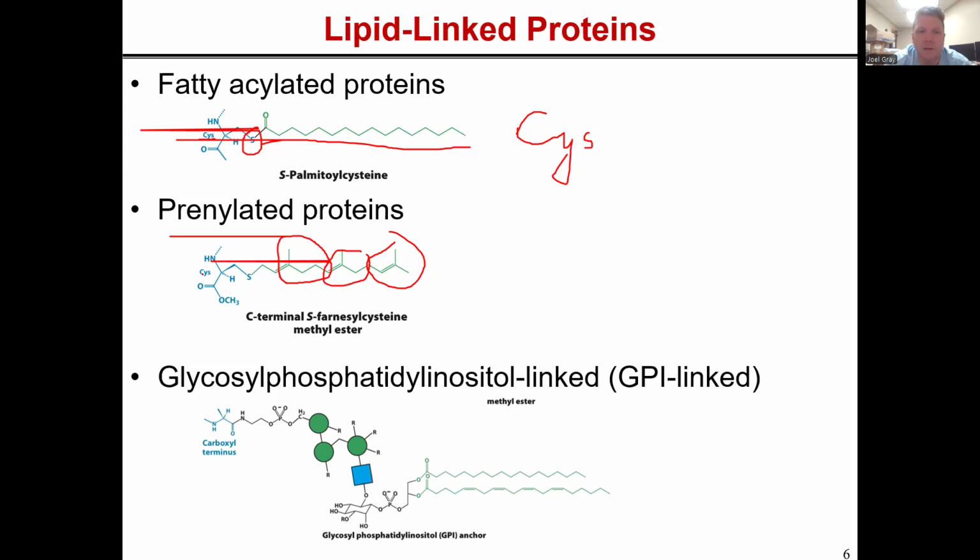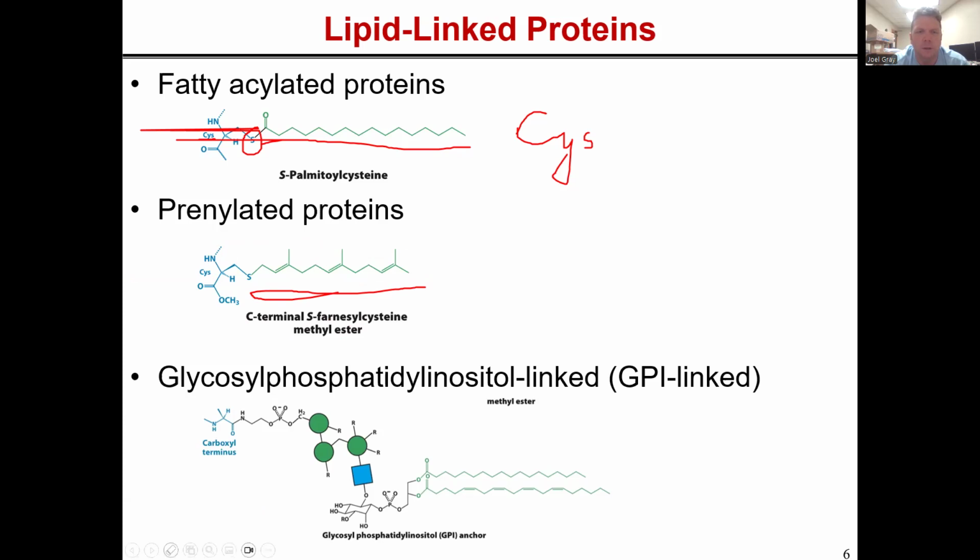Now, the amino acid that they're linked to is cysteine. So this is a C terminal S-farnesyl cysteine methyl ester. This molecule right here, let me get my eraser out. There we go.